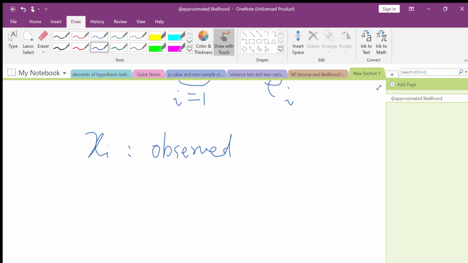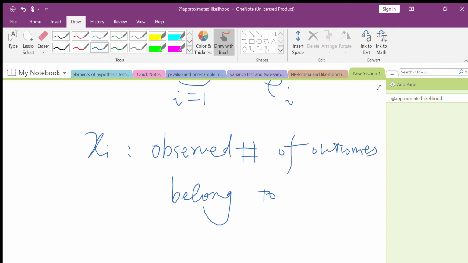Small xi is the observed number of outcomes belonging to category i.